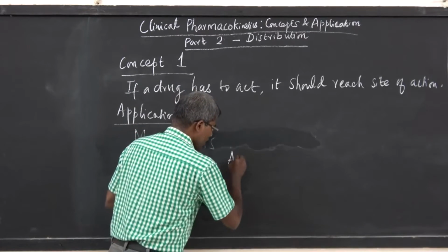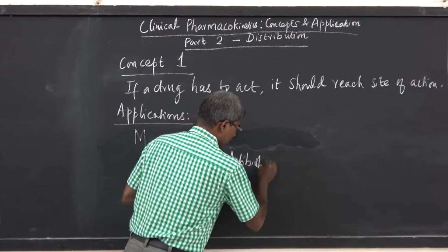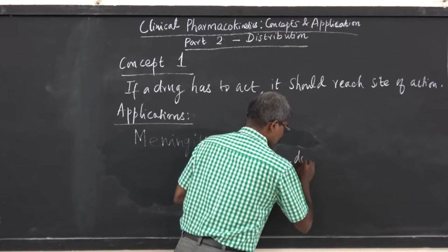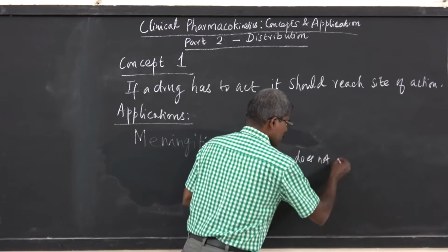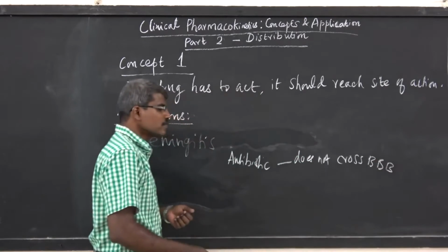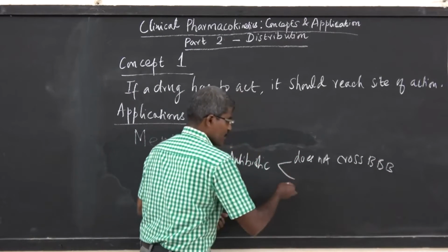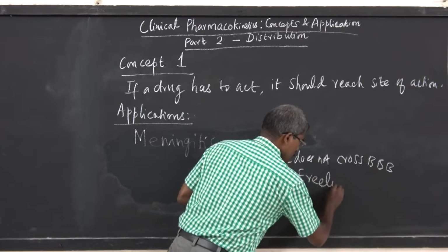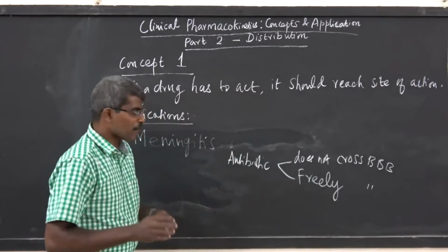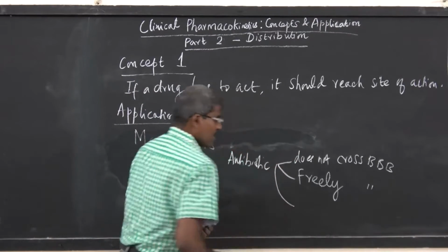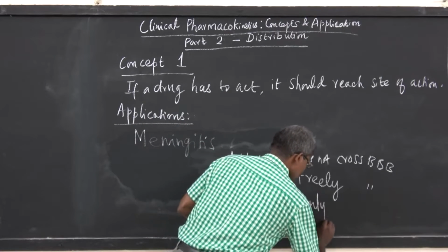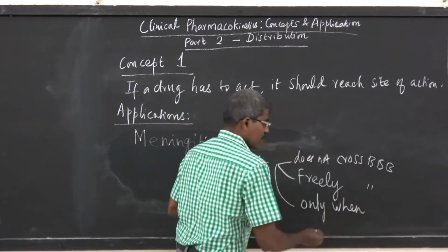An antibiotic which does not cross the blood-brain barrier, a type of antibiotic which freely crosses the blood-brain barrier, and the third type of antibiotic which crosses only when the meninges are inflamed.